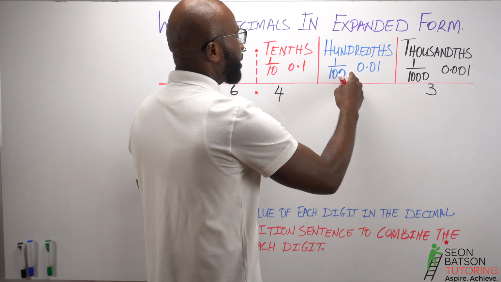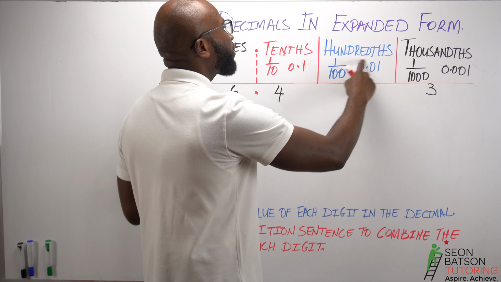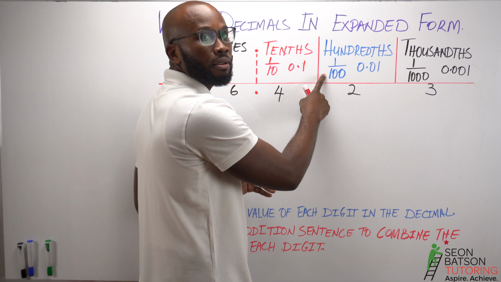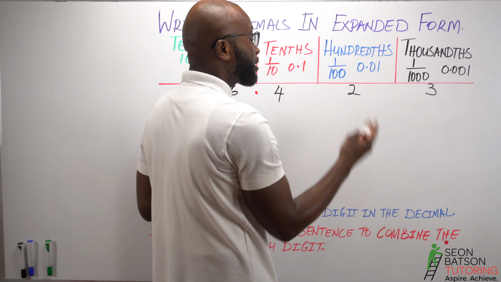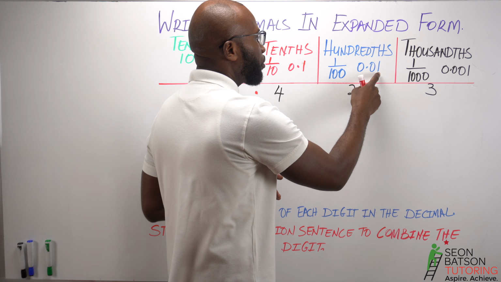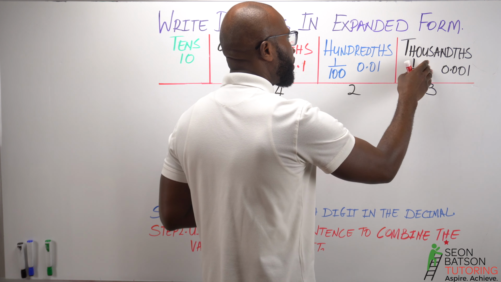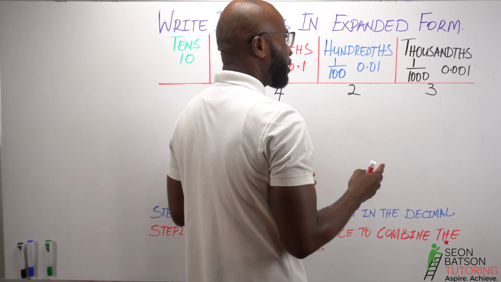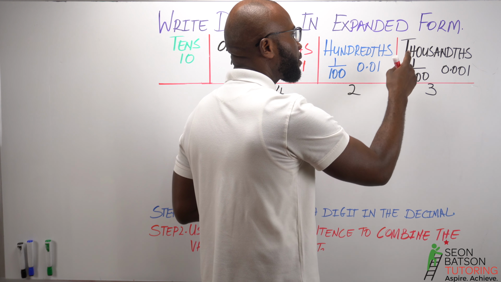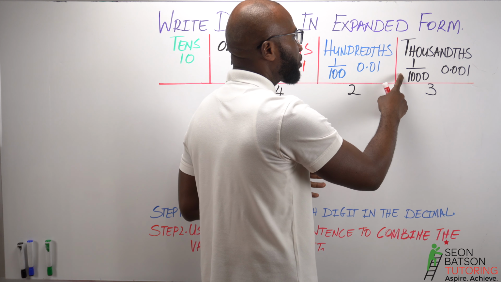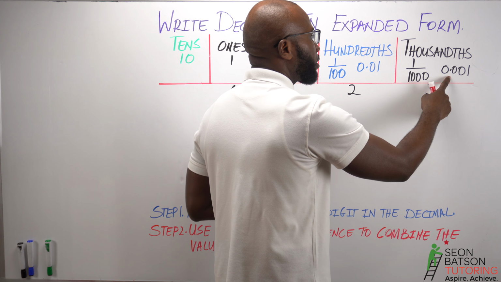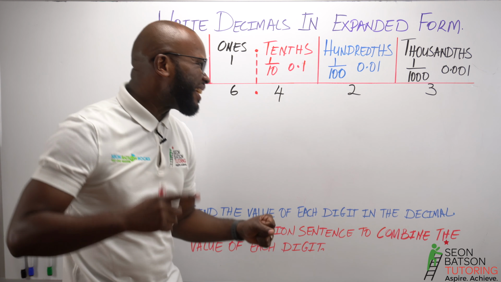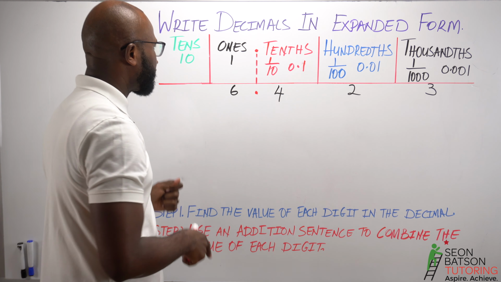The second place is the hundredths place, which can be written as 1/100, or as a decimal, 0.01. And the third place is the thousandths place, which can be written as 1/1000, or as a decimal, 0.001.